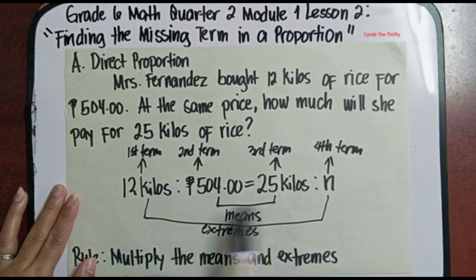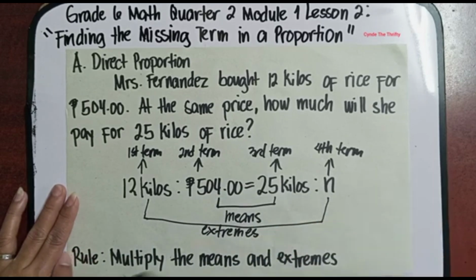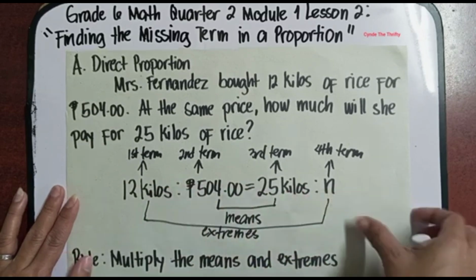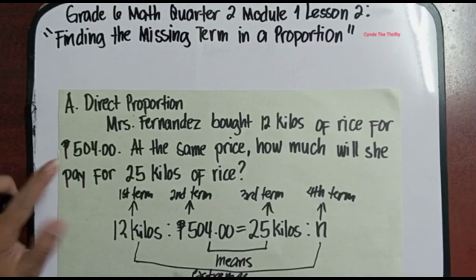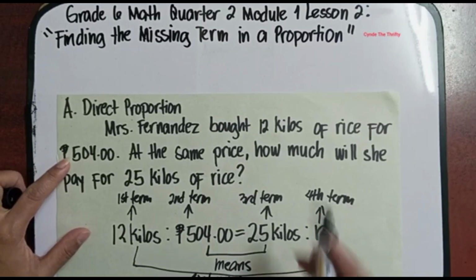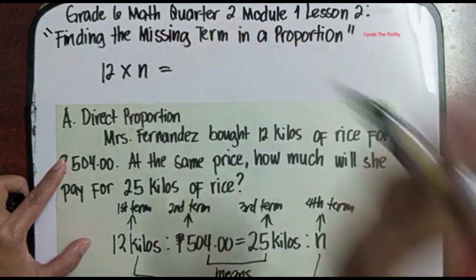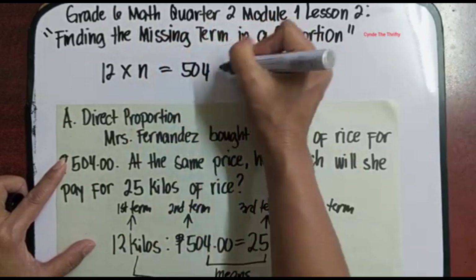So ngayon, paano natin i-solve ang ating problem? Paano natin hahanapin ang ating missing term? So ang rule natin dito sa direct proportion is multiply the means and extremes. So ibig sabihin, i-multiply natin itong ating means at ang ating extremes. Okay, so i-solve na natin siya. So ang ating means at extremes, i-multiply natin si 12 kilos kay N. So 12 times N is equal to 504 times 25.